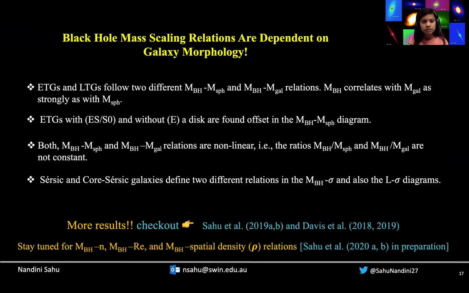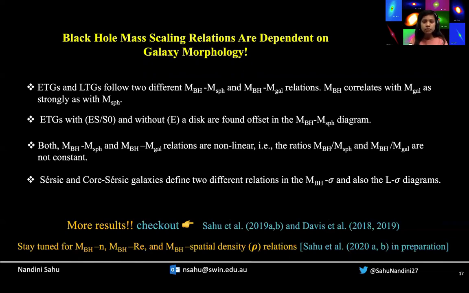What I have talked in this short talk, that early type galaxies and late type galaxies define two different relations between black hole mass and bulge mass, and also between black hole mass and total galaxy mass. Further, early type galaxies with a disk and early type galaxies without a disk are offset from each other on the black hole mass versus bulge mass diagram, where they define two different but parallel relations.